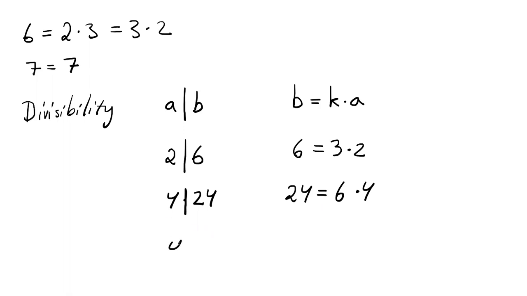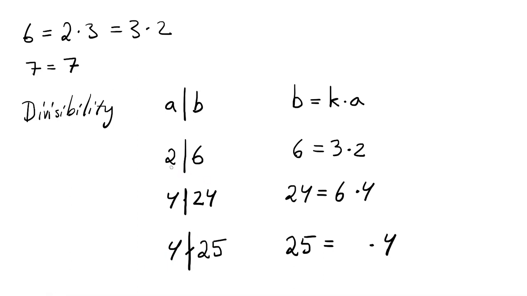For example, 4 does not divide 25, and then we write it with the vertical line crossed over. 4 does not divide 25 because there are no integers that we can put here that will make this true. There are of course fractions, but we are talking about integers. So 4 does not divide 25.